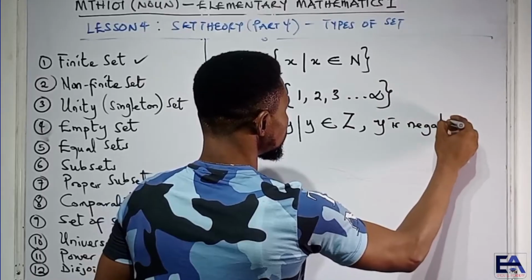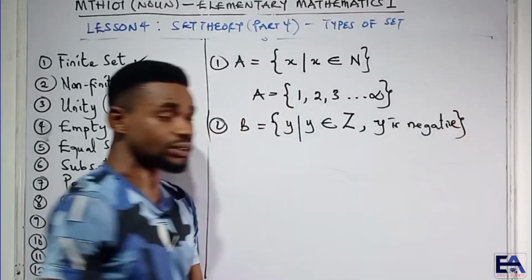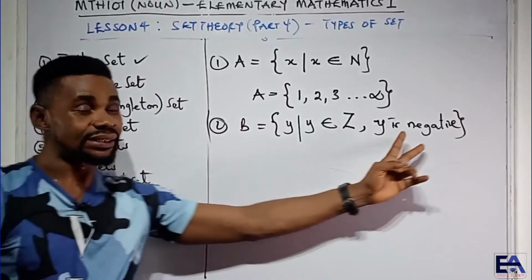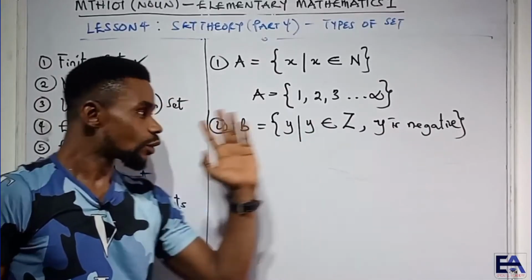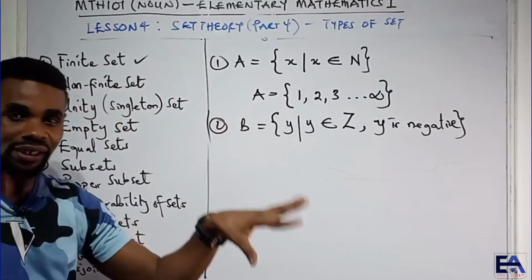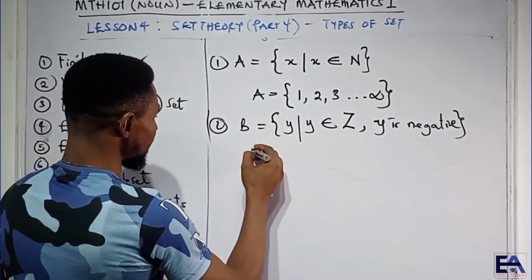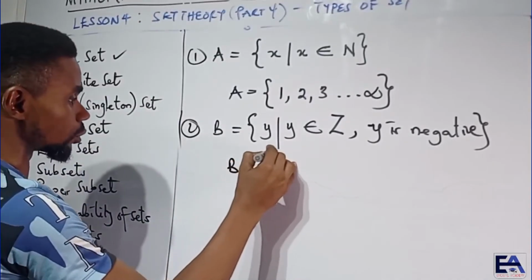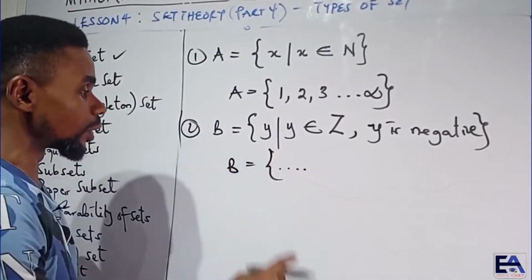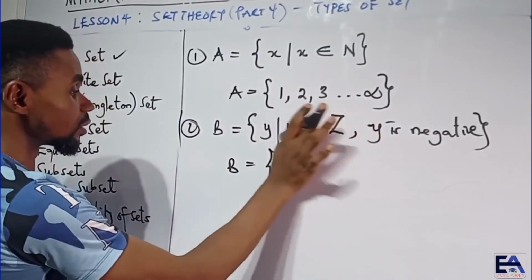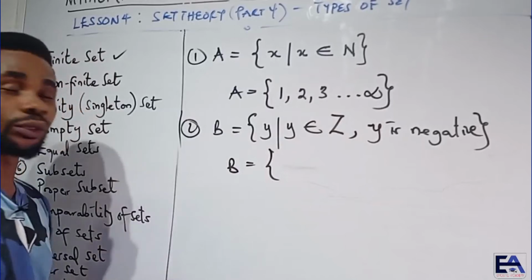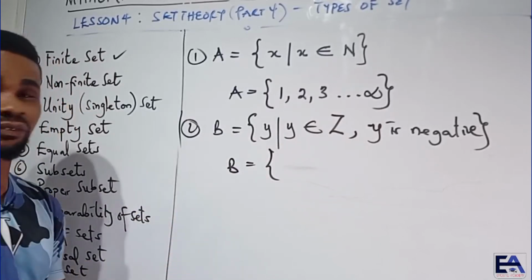So if you want to represent a set of integers, and you only need the negative ones among them, this is also another example of a non-finite set. B is equal to, nobody knows the smallest number in the world. We don't know where negative numbers start from.